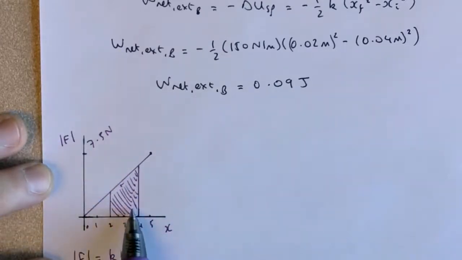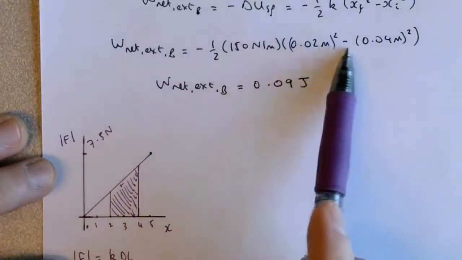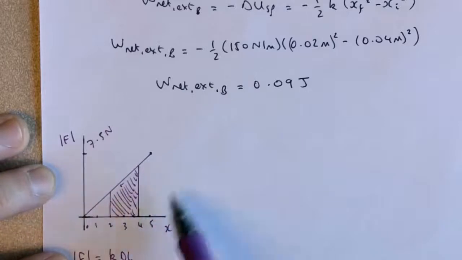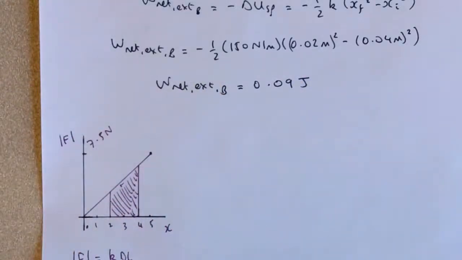But if I want to think about what it's similar up here, the forces would be given by K delta L, and then the displacements, so if you think about the force, half the base times the height, you will end up with this half K delta L squared formula.